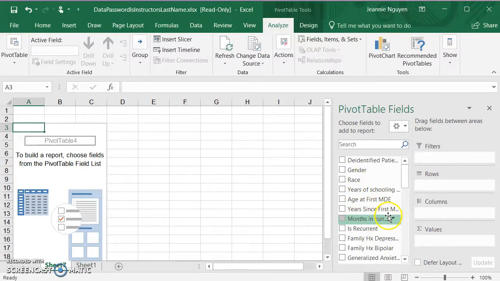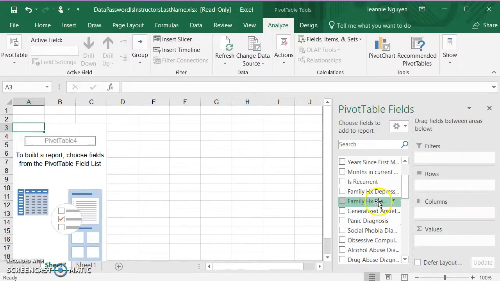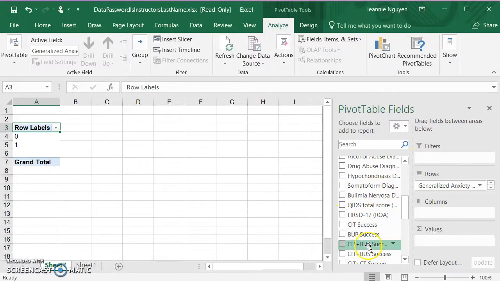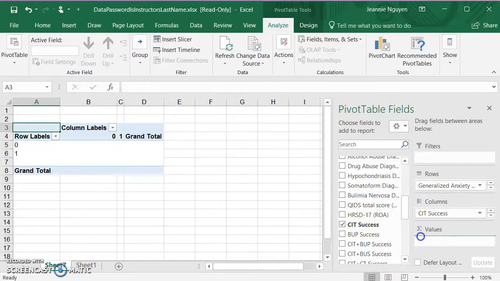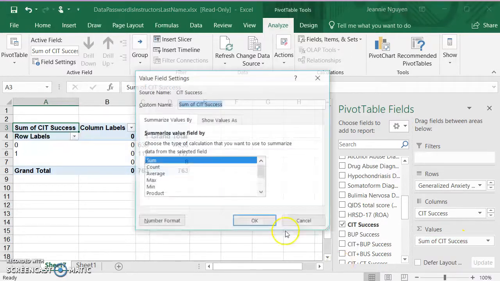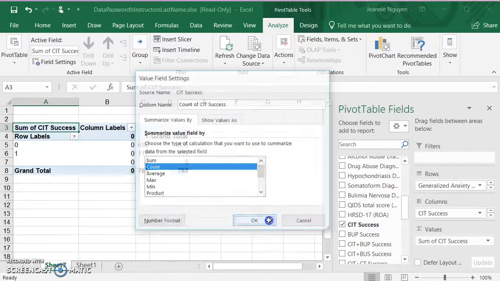To create the table, we first have to find generalized anxiety diagnosis and put it into rows. Then we're going to find CIT success and put that into columns and into values. In the values, we want to click on it and change the value field setting to count.